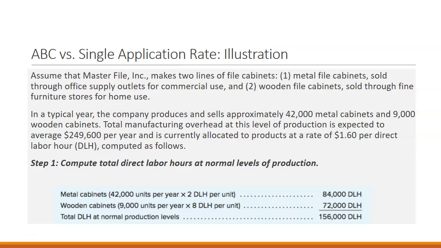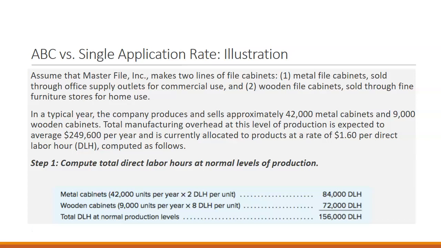So we have metal cabinets, we make 42,000 a year, and those take 2 direct labor hours each. So we have 84,000 direct labor hours as a result of metal cabinets. Wooden cabinets, we take 9,000 units, and those take 8 hours of direct labor per cabinet. So we end up with 72,000 direct labor hours.